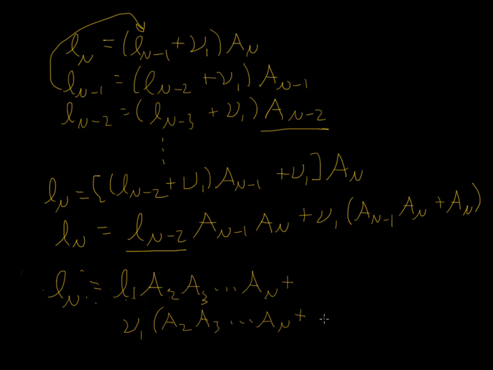And we're going to add to that the product of A's from A3 to An. And we keep adding all the products of A's that we get from every substitution until we get to this last one, just the An all by itself.